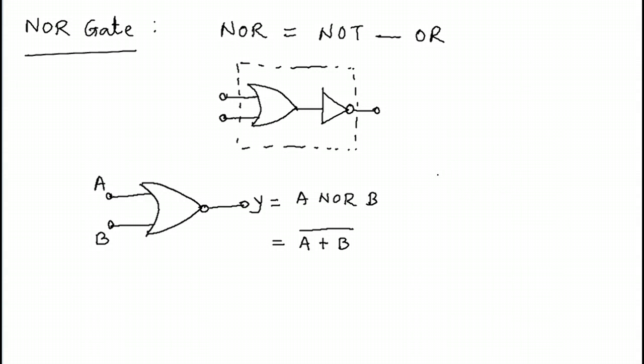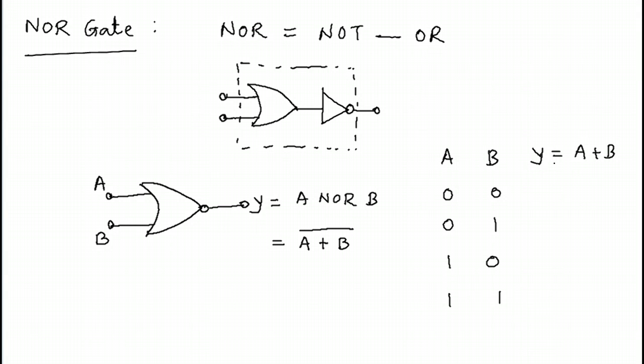Now the truth table of this particular NOR gate is drawn by first of all writing the input side of the truth table, which will contain 4 rows as usual. So 0 0, 0 1, 1 0 and 1 1, and at the output we have Y. Y is of course equal to A OR B with a bar. It's A NOR B, but the trick to draw the truth table is first to consider only A OR B like that.